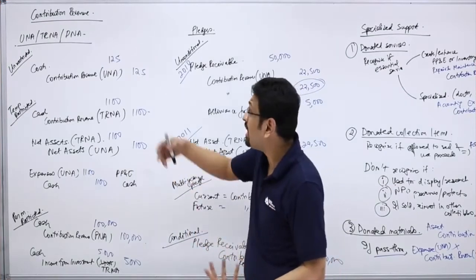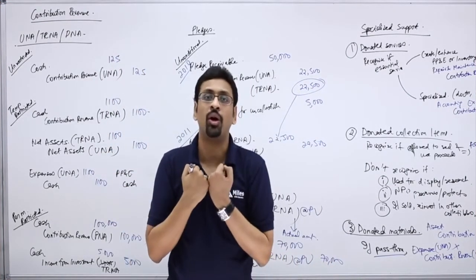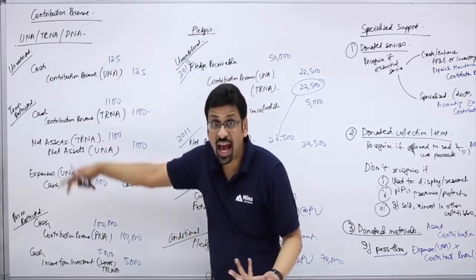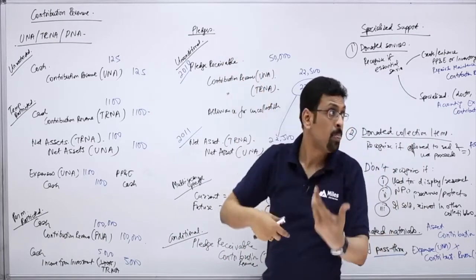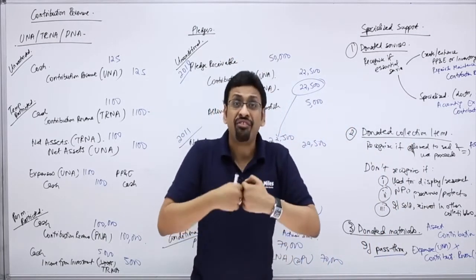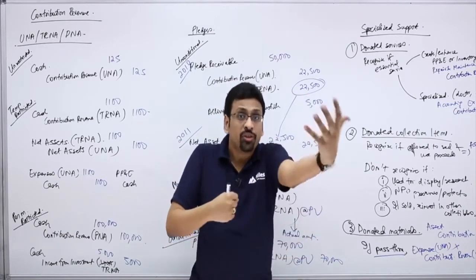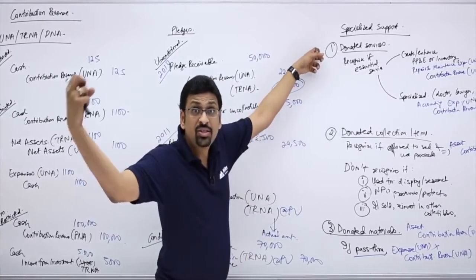So we are looking at contribution revenue, donations received by the not-for-profit organization. So they could receive it in cash, they could have pledges, so that's a receivable. If it's property coming in, then they recognize it at fair market value on the date of the receipt of the donation. Now, they could get donated services.